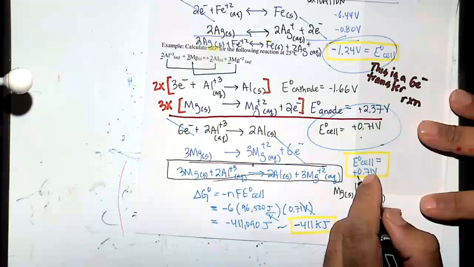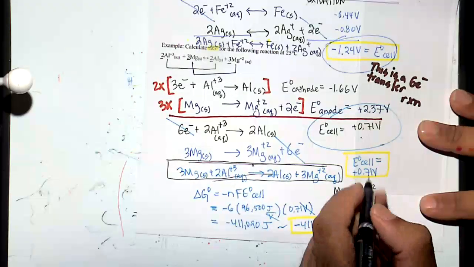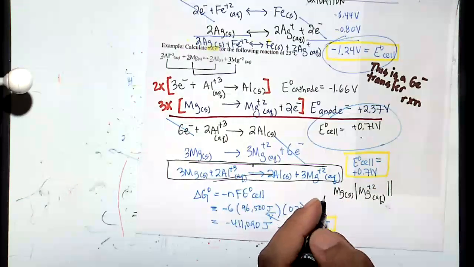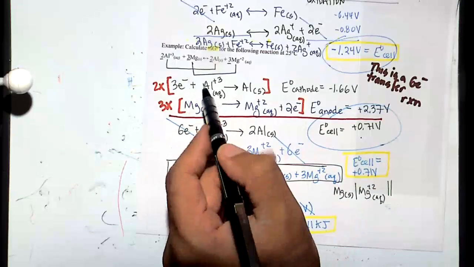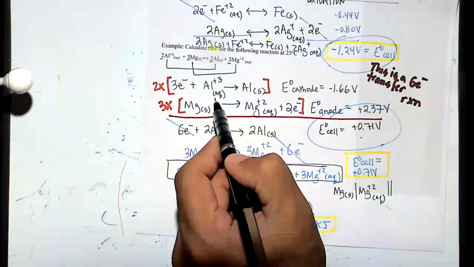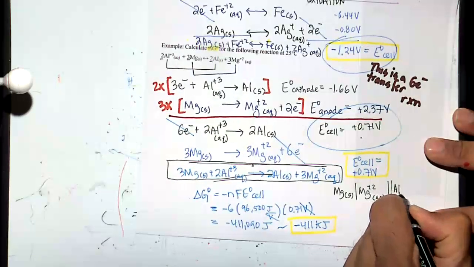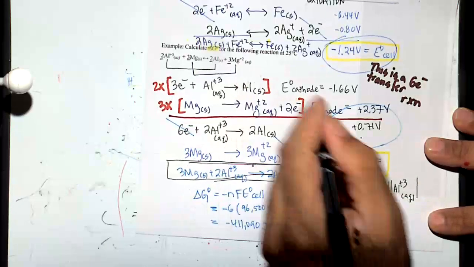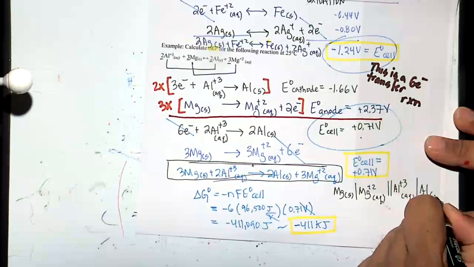Anode couple, salt bridge. How do we describe a salt bridge? Two straight lines down. Cathode couple. What's our cathode couple? Al plus 3 aqueous, draw a straight line down, Al solid.